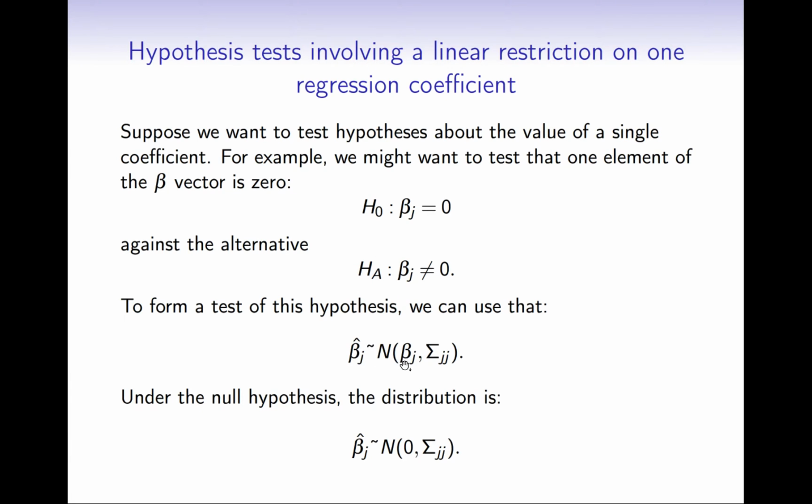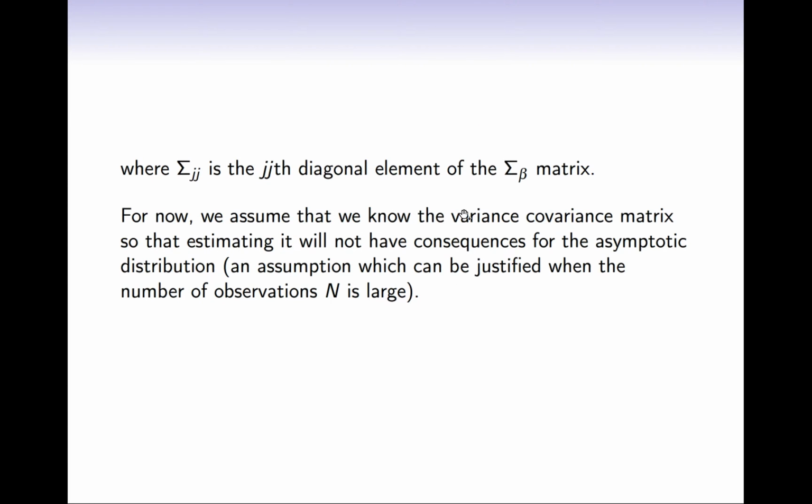Beta hat j is normally distributed, with mean beta j, the true parameter, and variance sigma jj, the jj element of the sigma matrix. Under the null hypothesis, it has this distribution, so we're plugging in the null, that beta j equals 0. For right now, we're just going to assume that we know the sigma matrix.